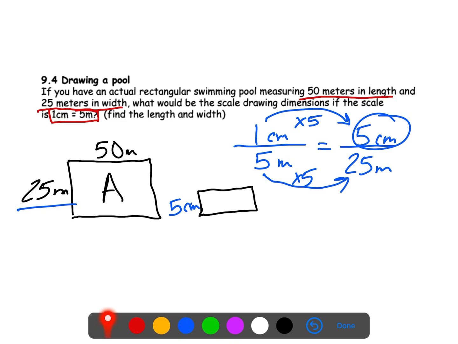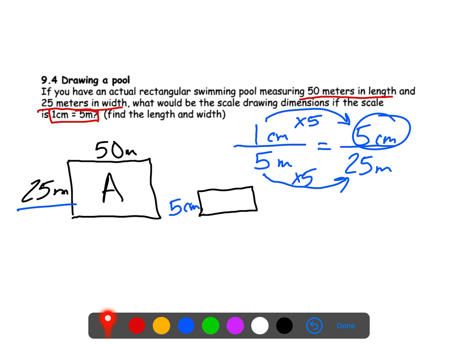One quick thing to notice before I do the length is these 2 things, the actual swimming pool and the drawing, should look similar. They're obviously very different sizes, but they should look similar. And I noticed that the width is half of the length of the actual pool, or the length is twice as big as the width.